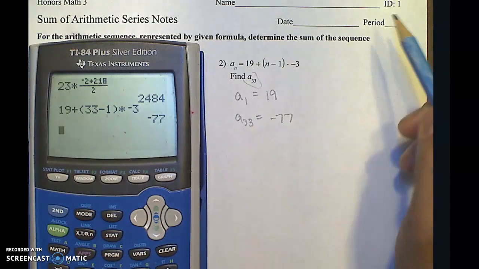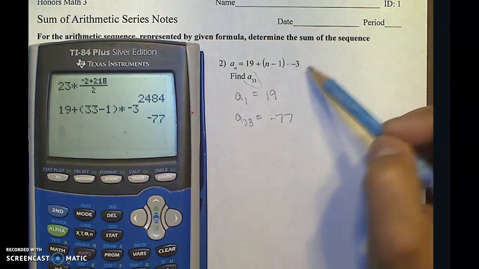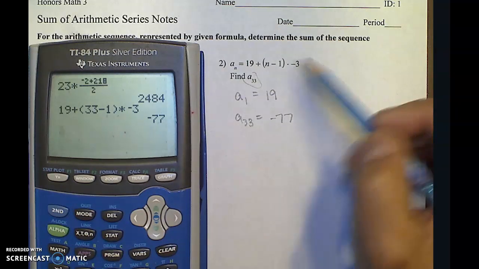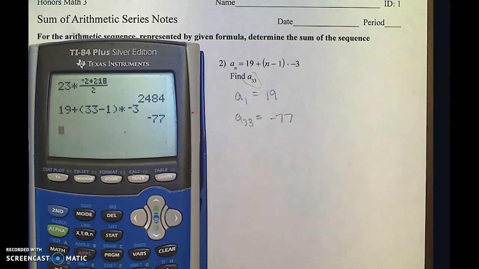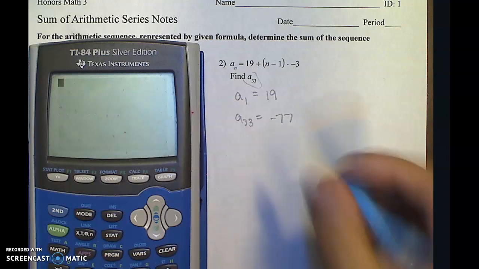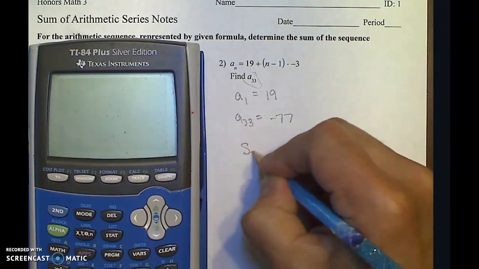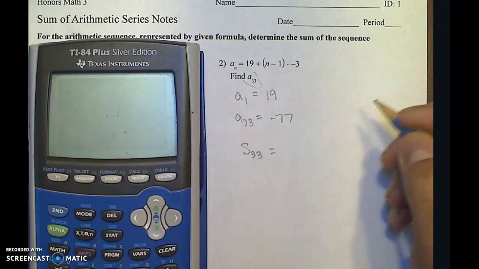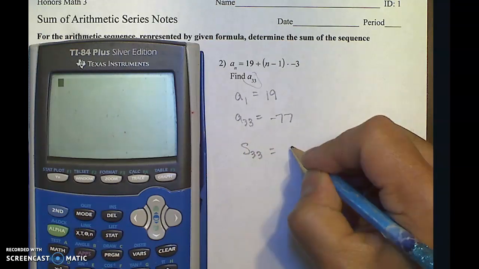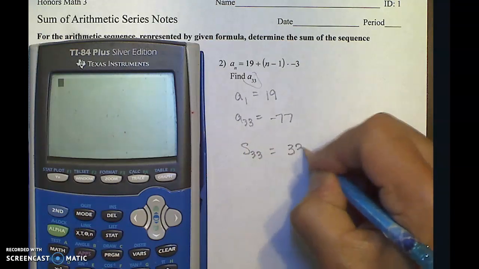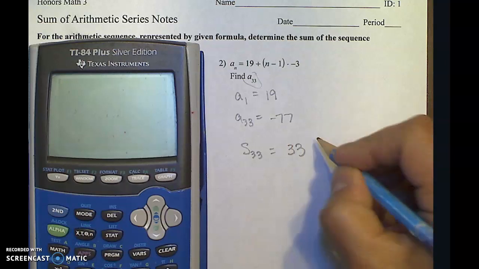Does that make sense? Right, because here our common difference is minus 3, so we're subtracting 3 each time. So again, our terms will be getting smaller. Now to find the sum of the first 33 terms, we're going to take the number of terms, which is 33.